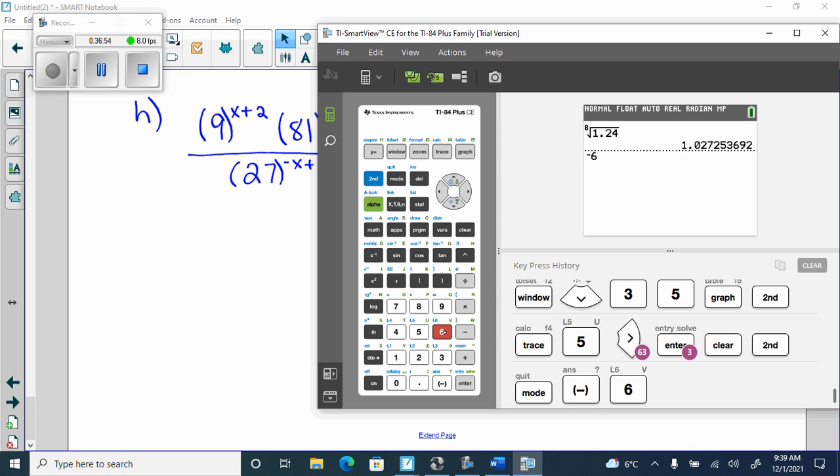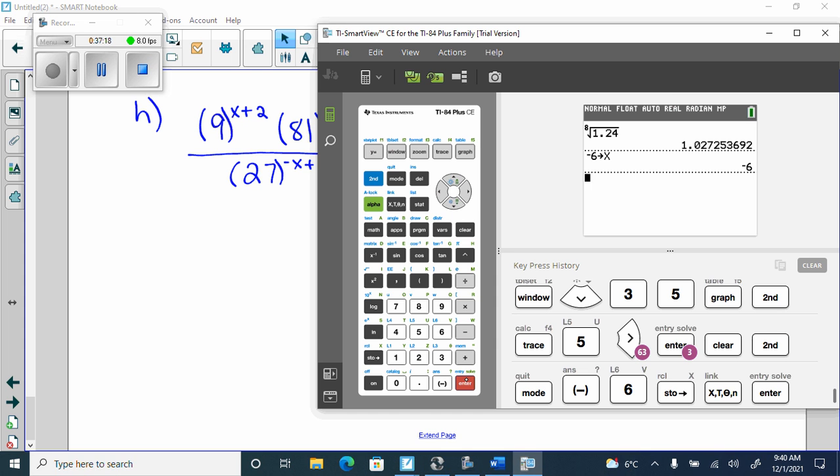The store button with an arrow. And you're going to store it as whatever variable you want. I'm going to use X because it's easier. You're going to have to alpha L the whole time to retype in the question, just so you know. So we hit enter, and now my X currently is -6. I've stored it as that.